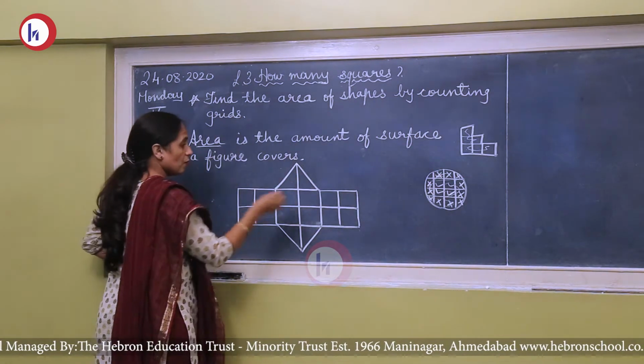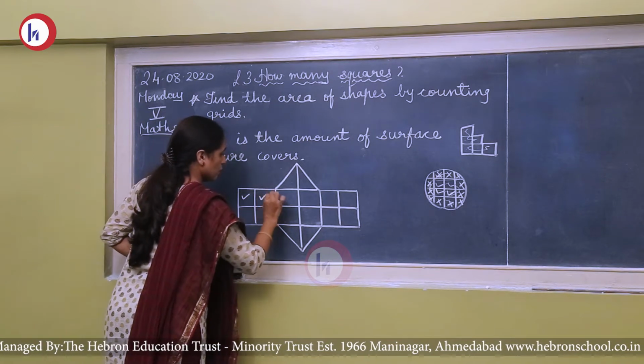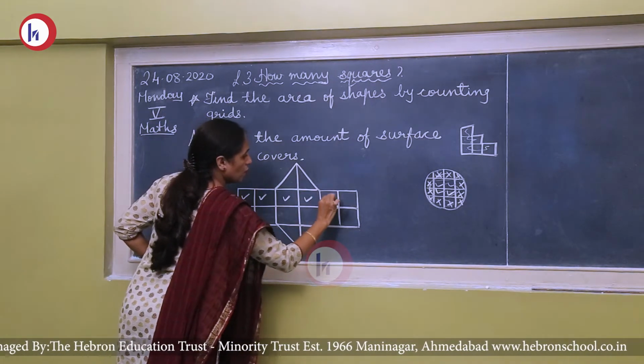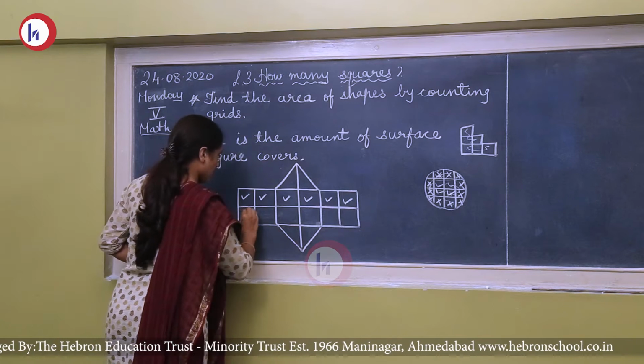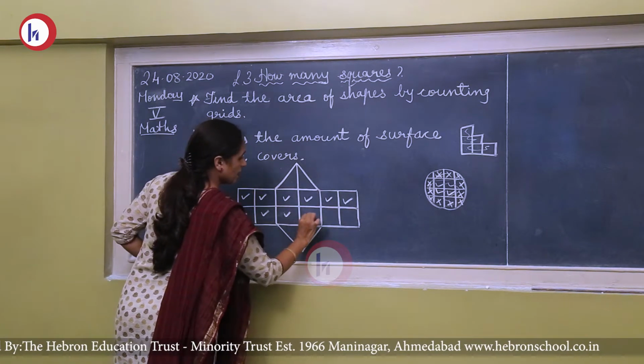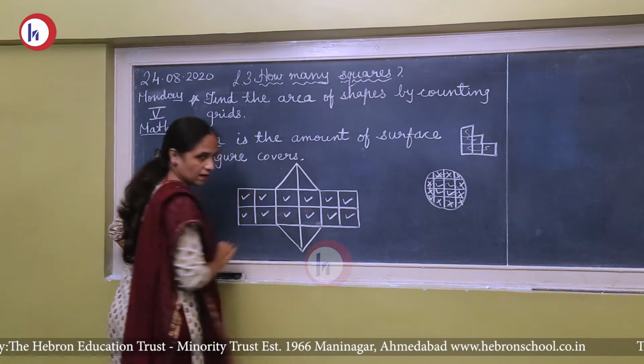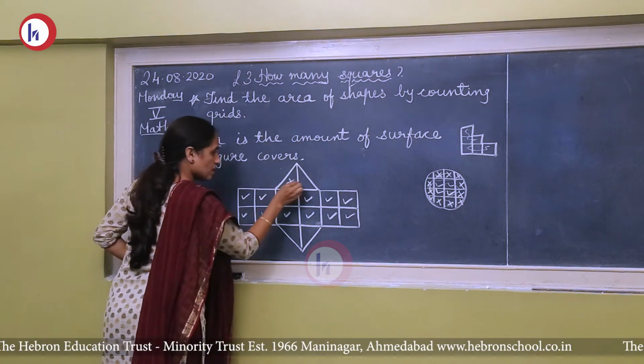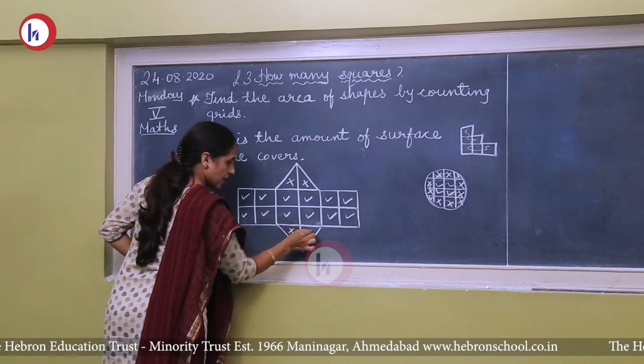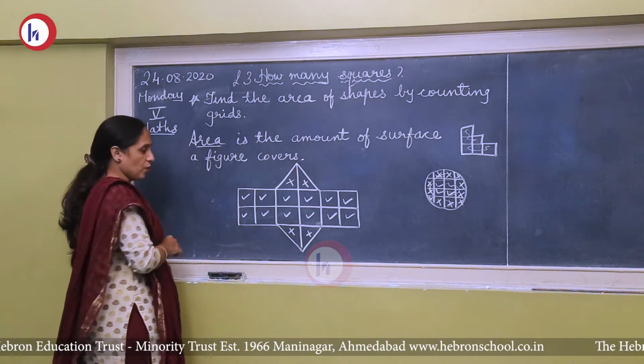Look at here. Now full square: 1, 2, 3, 4, 5, 6, 7, 8, 9, 10, 11, 12. Half square, put cross mark sign. Okay. How many half squares? 4.